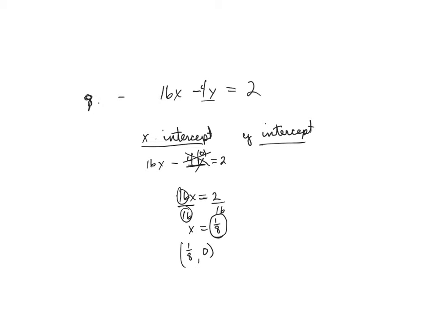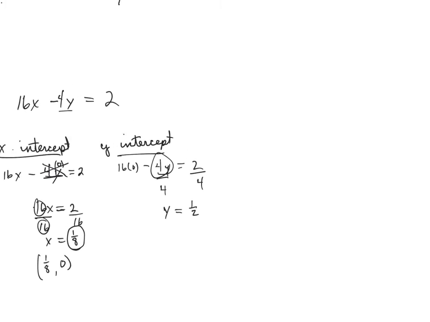For my y-intercept, 16 times 0 equals 0, minus 4y equals 2. So I'm going to divide both sides by 4 because I'm trying to get this 4 away from the y. 4 divided by 4 is 1, so I'm left with just a y. 2 divided by 4 is 1/2. Also, I don't like that. So I'm going to do slope-intercept form next because that's going to be easier.